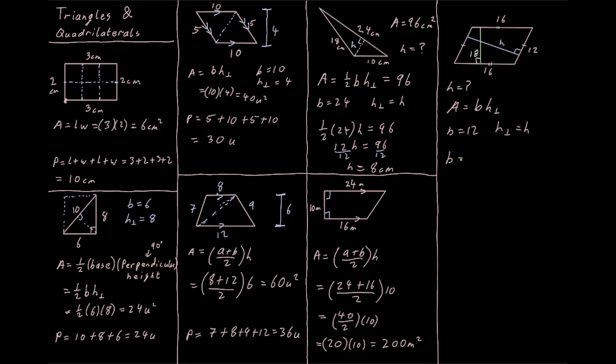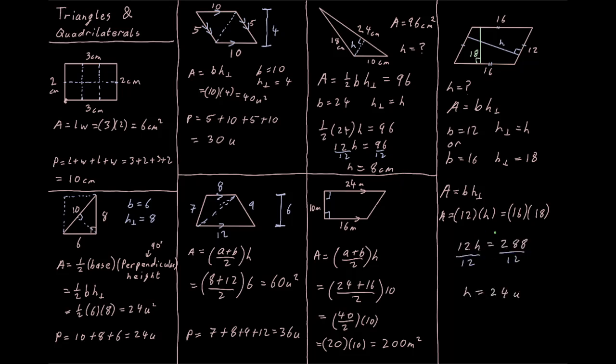And if the base was 16, the perpendicular height would be 18. So I can write that in. Both of these are base times perpendicular height, and they both describe the area of the same shape. So base times perpendicular height must equal base times perpendicular height. And now I have an equation in h that I can solve.